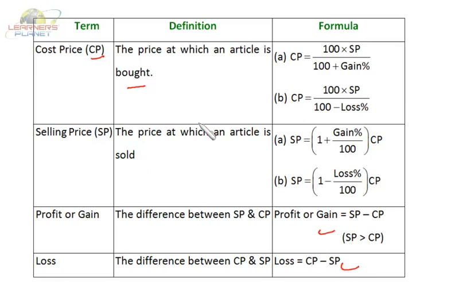Okay, now friends, definitely you might have attended the session of percentage before attending this particular session, and you must be knowing the percentage to fraction conversion and fraction to percentage conversion. Okay, so we will be using the same concept over here to find the relationship between cost price and selling price. Okay, let's see.